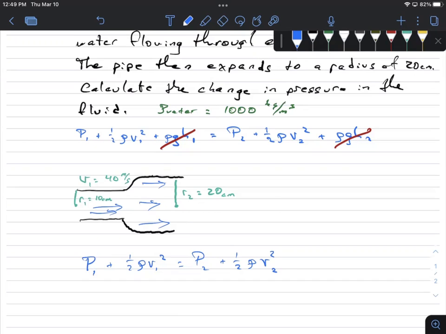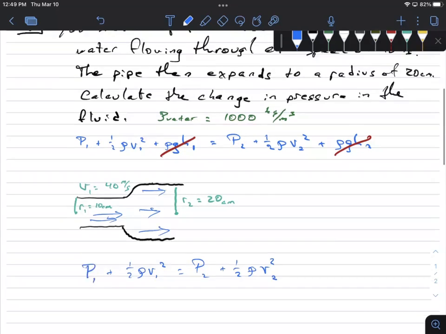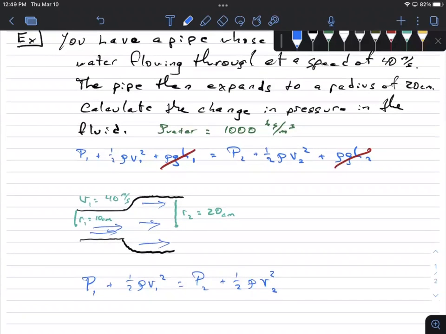And this is the equation I'm going to have to use to solve for what I want. Now, what is it I want? Well, I'm asked to calculate the change in pressure. But notice my equation doesn't say anything about the change in pressure. It has pressure at the first location and something about the speed, and it's got pressure at the second location and something about the speed in that location.